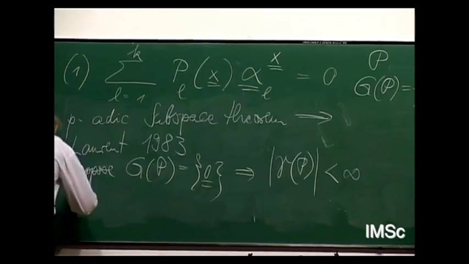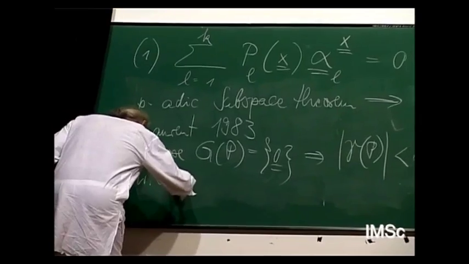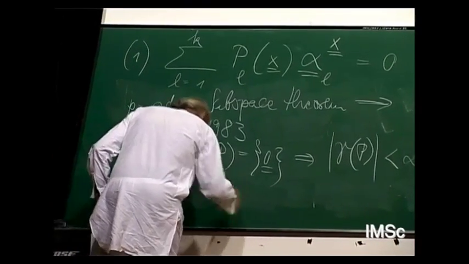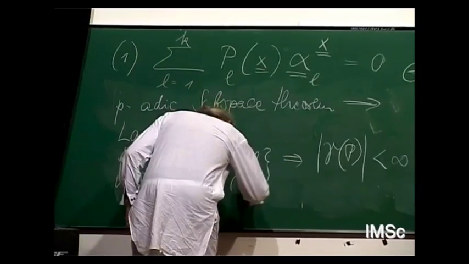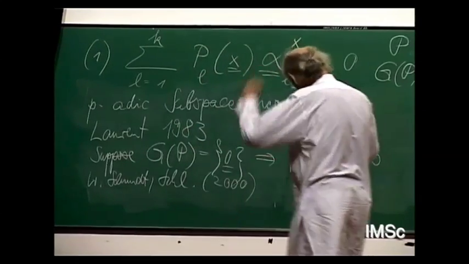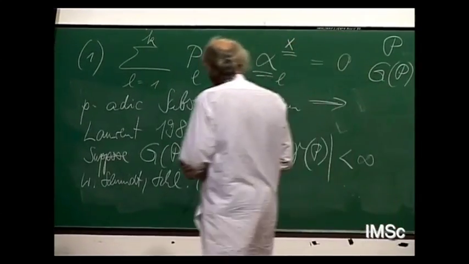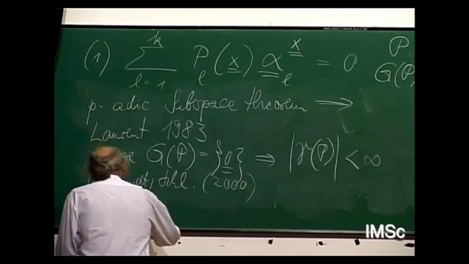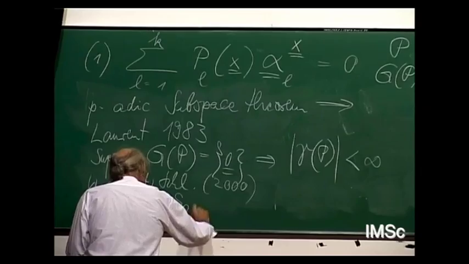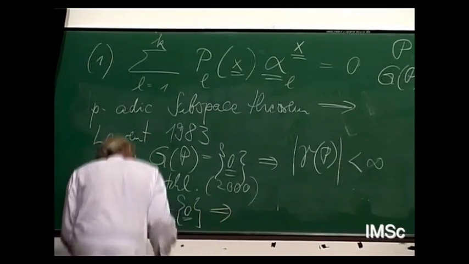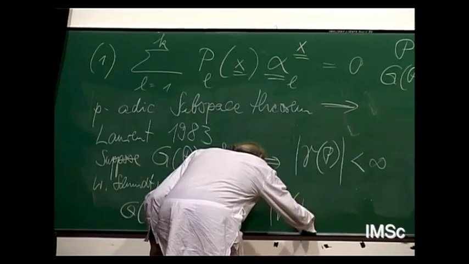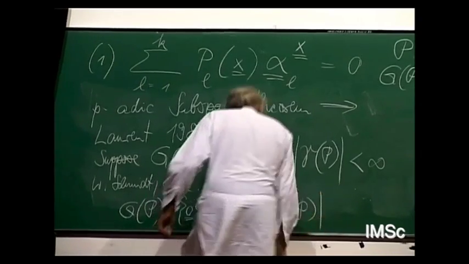So that is due to Wolfgang Schmidt and myself. That is from 2000. The quantitative version of the same result is as follows: again, if G of P is equal to 0, then the number of solutions is bounded.